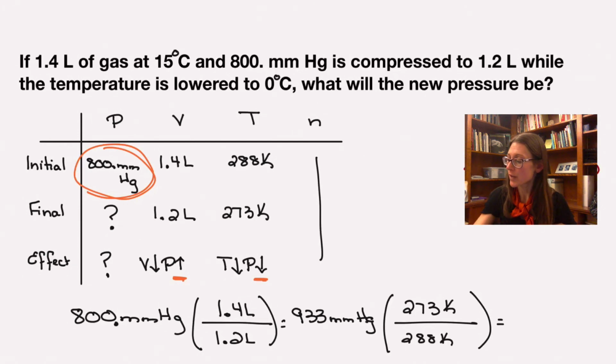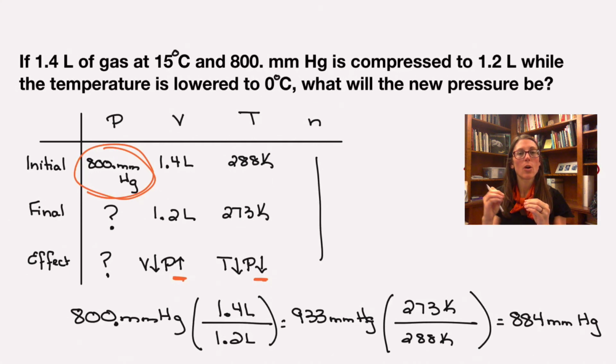And then when we multiply and divide, you get 884 millimeters of mercury. So we have to think about what each change will cause in terms of effects. And then we do one and then the other. As you do more practice, yes, you can string this together mathematically, but starting here is a good place.